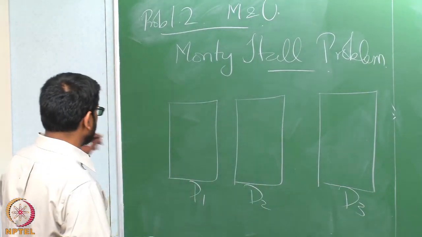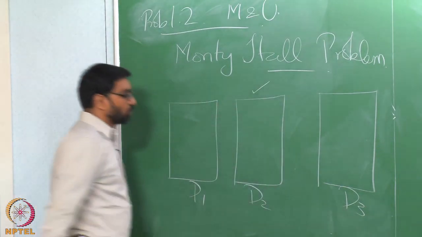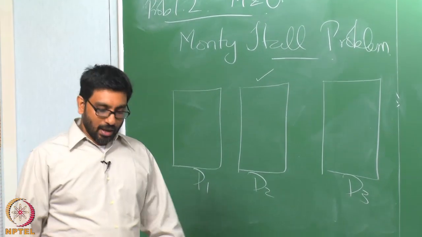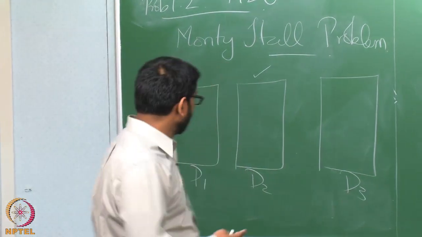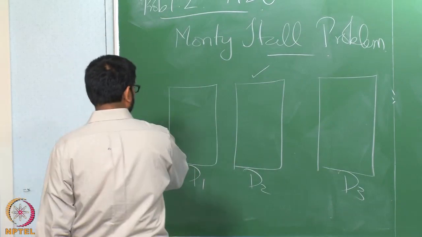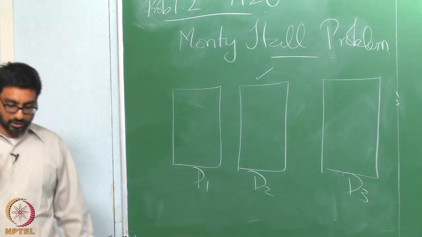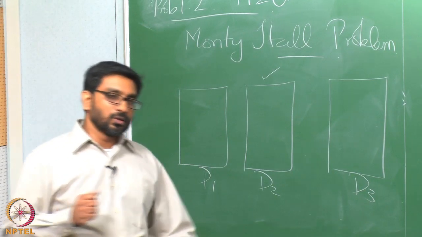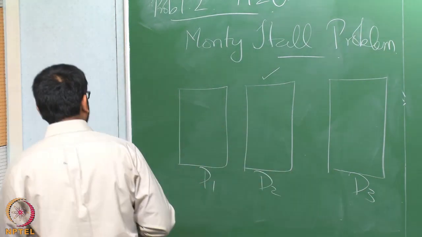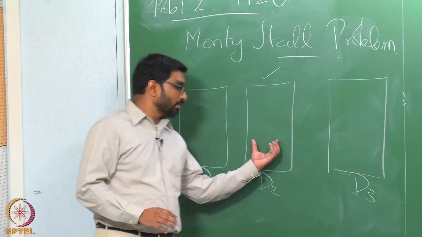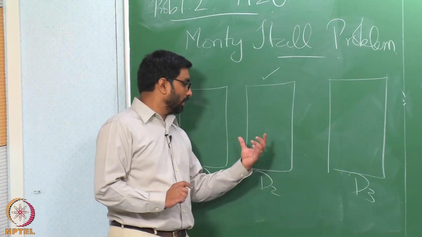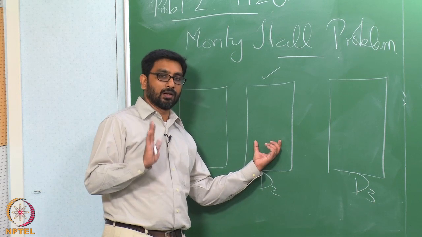Let us say we pick door D2, and then the game show host Monty Hall, he is aware of which door holds the car. So, he can look at your choice, and this choice may be the choice with the car, it may be the choice without the car.